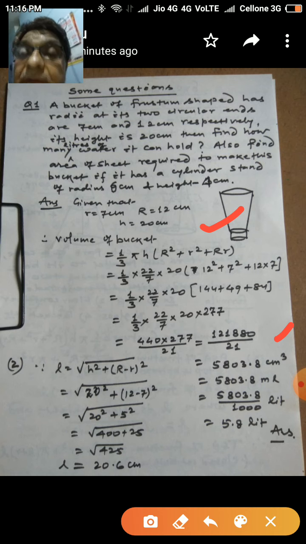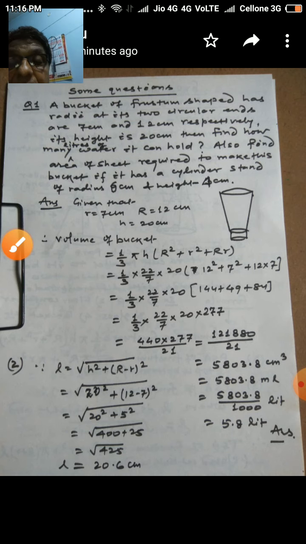Now the second part of the question: find the area of sheet required to make this bucket. For this, first of all we find L, because the slant height is not given. Using the formula under root of h square plus (capital R minus small r) whole square, putting these values we get L equal to 20.6.